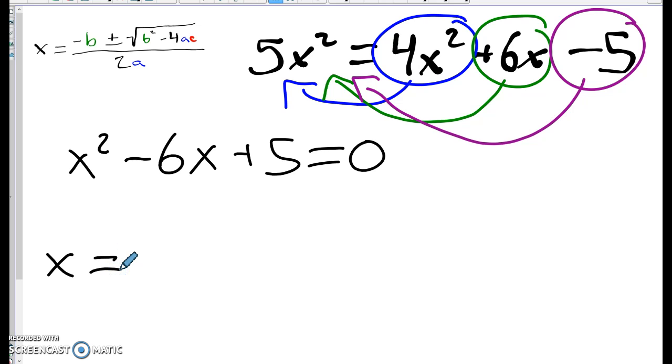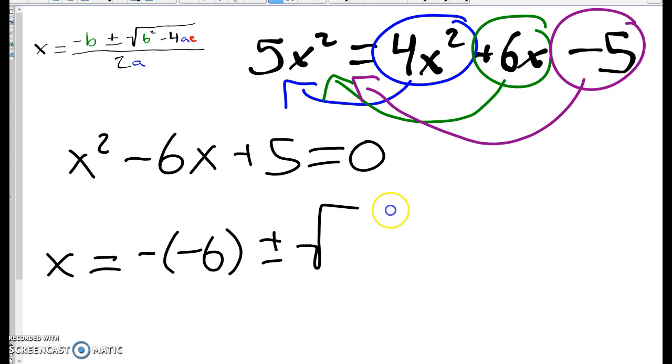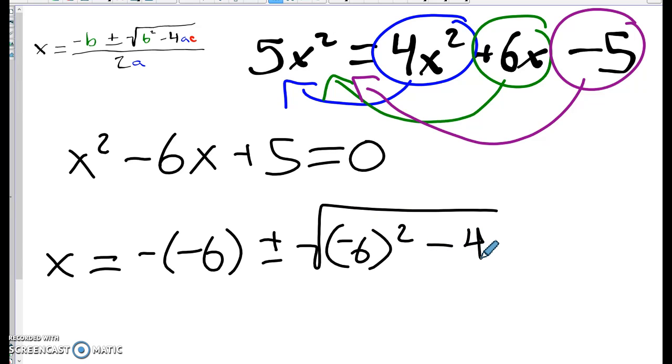x equals negative b. Well, b is, in this case, negative 6. So we're at negative negative 6 plus or minus the square root of b squared. Again, b is negative 6, so negative 6 squared minus 4ac.